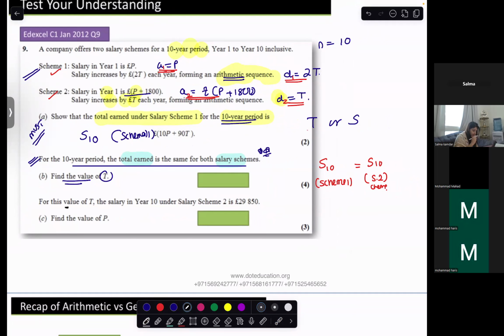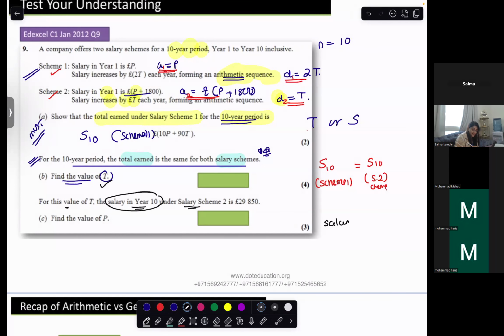For this value of T, the salary in year 10 under salary scheme 2 is 29,850. Find the value of P. Okay, so what have they given us? The salary when the person reaches year 10 in the company.